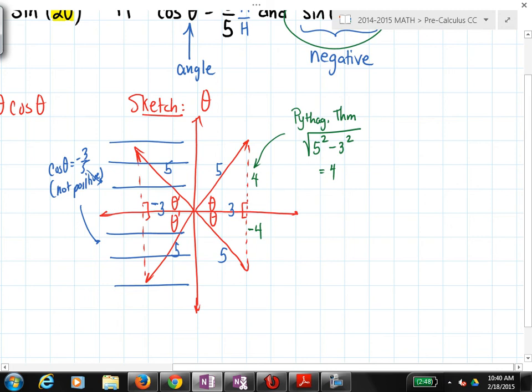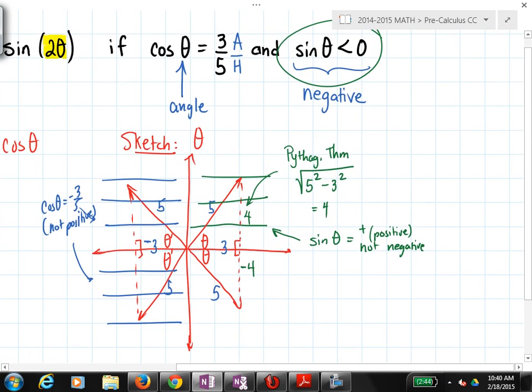So what does that mean? Which one? Yeah, for these right here, I can eliminate this quadrant, and I'm going to make a note here saying that sine of theta is equal to positive. In this case, it's positive 4/5, but really I'm only interested in the sign, not negative. And the problem stated that it had to be negative. Alright, so that leaves only this quadrant right here.